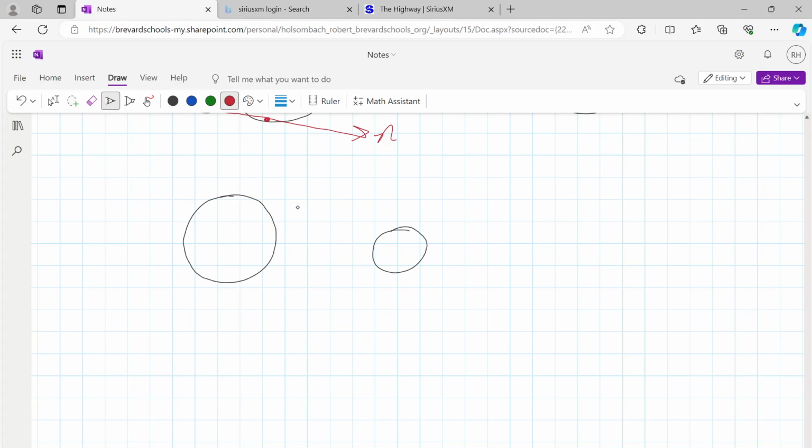All right, again, we could go right across the top of both circles. Here's a common tangent, line L. We could do the same thing across the bottom, like we did in the overlapping circles.